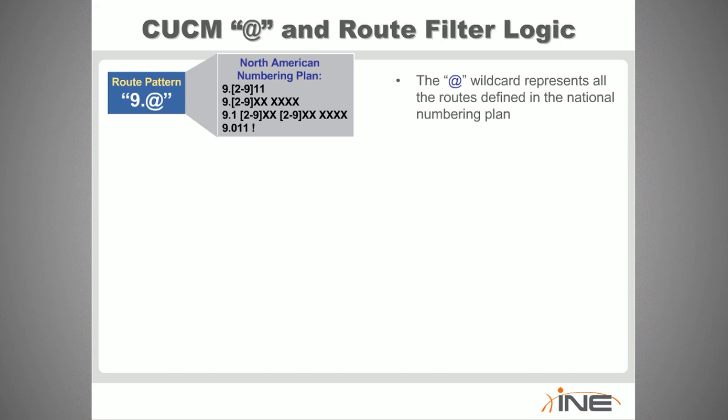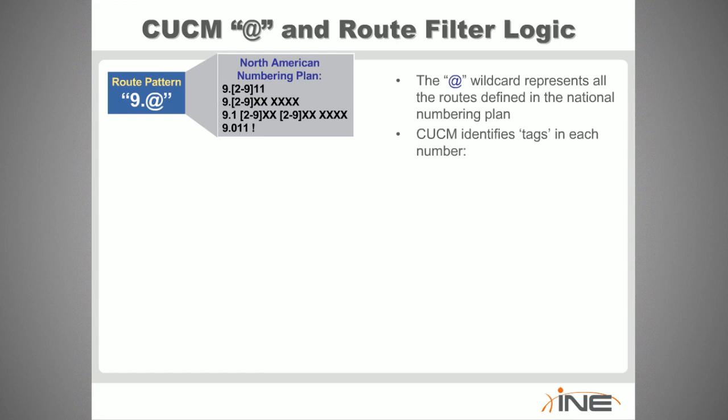So 011 is the North America PSTN international access code. Much of the EU is 00, and places like Australia are 0011, and then your country code. But this indicates international dialing.